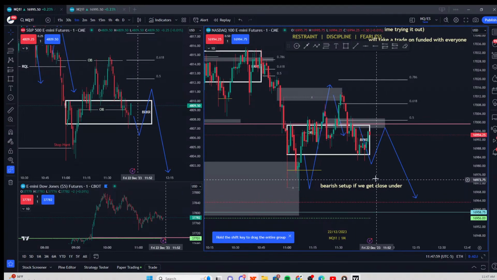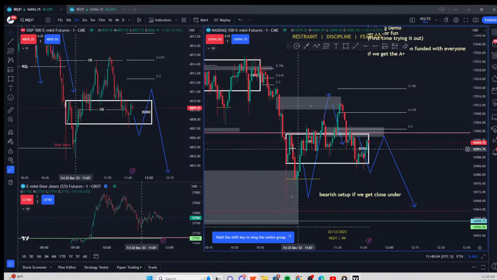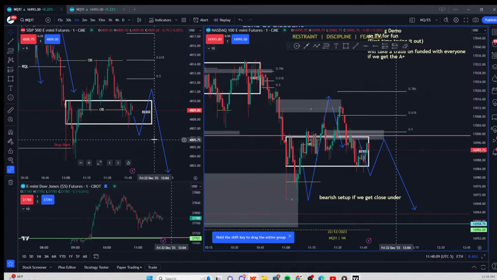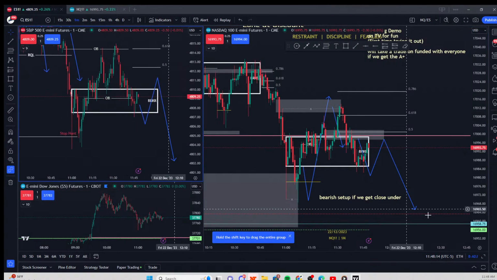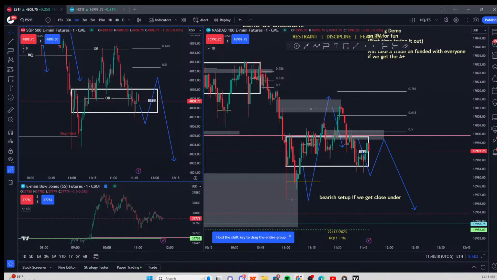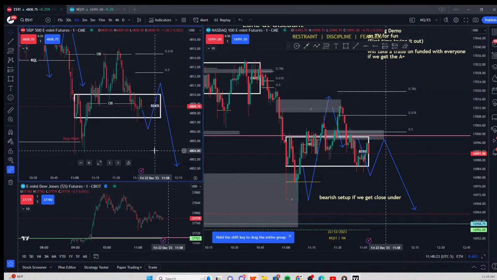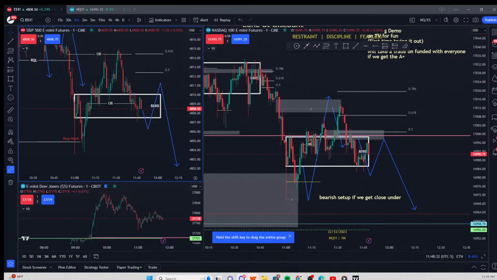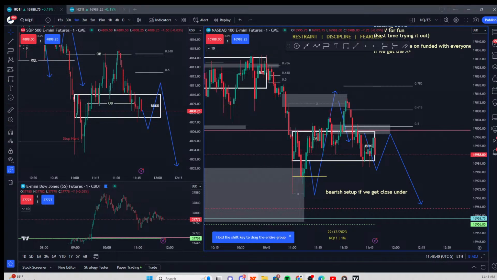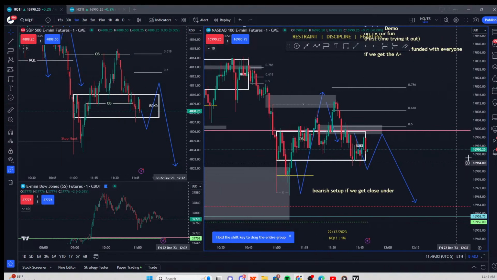I need to close under, then we can look to take a short up there. This breaker is still holding.